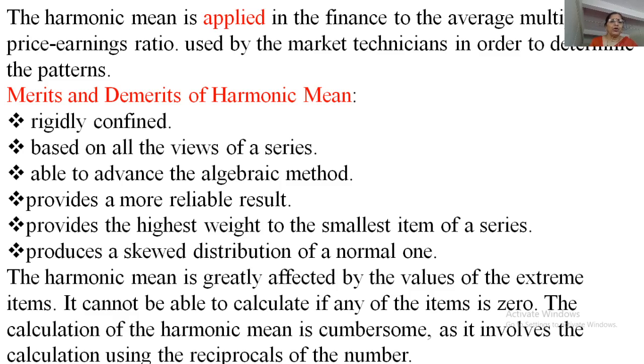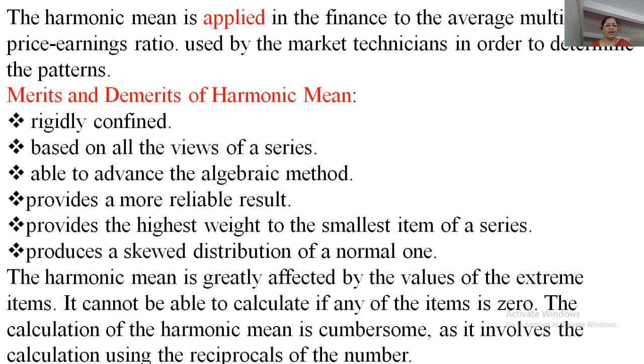Also, it provides the highest weight to the smallest item of the data series. So it also takes cognizance of your extreme observations or your outliers. Further, it produces a skewed distribution from a normal distribution.